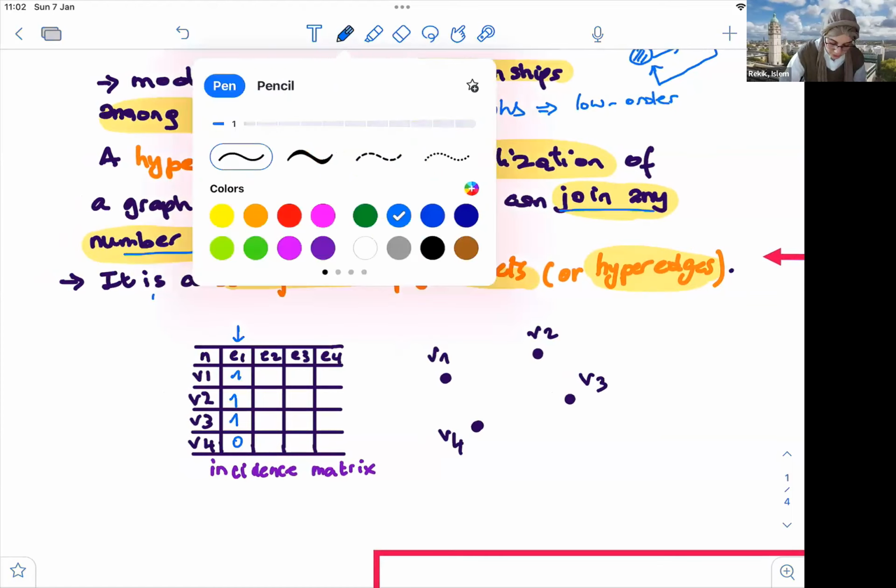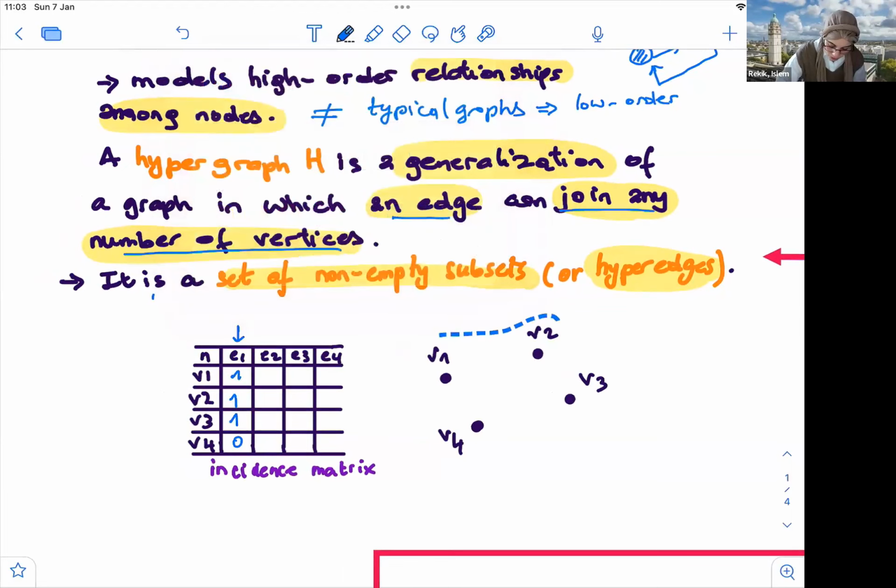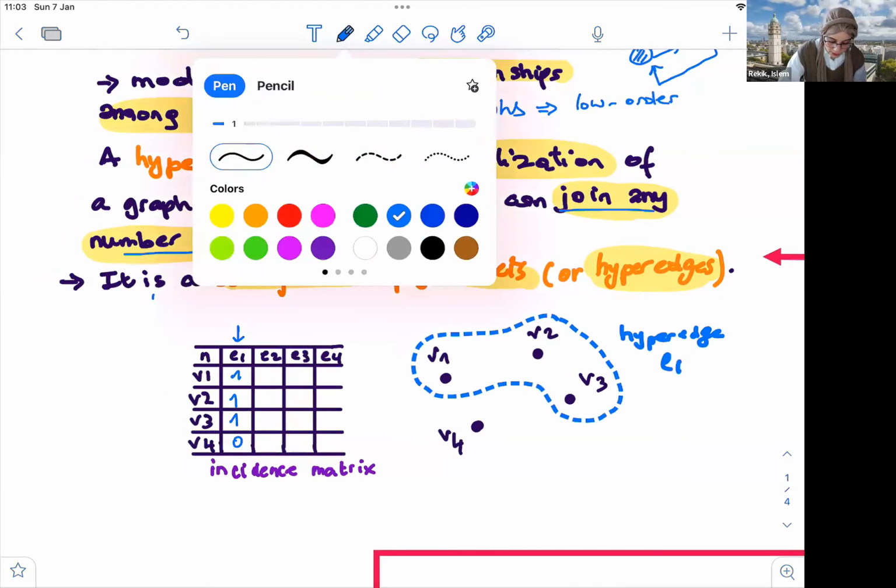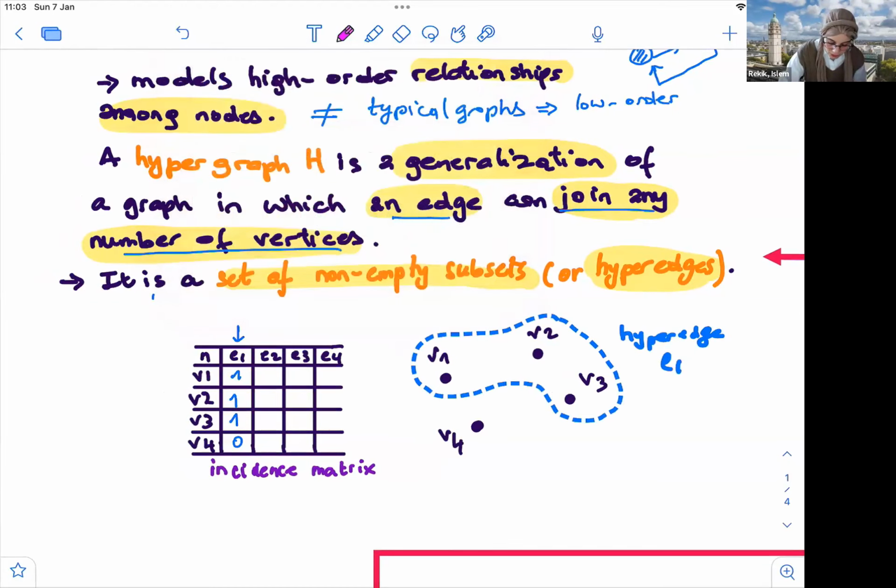So I will draw it this way. V1, 2, and 3. And this is what we call a hyperedge, hyperedge E1. Okay. Now we will try a different combination. So hyperedge 2 connects V1 and V3. Okay.